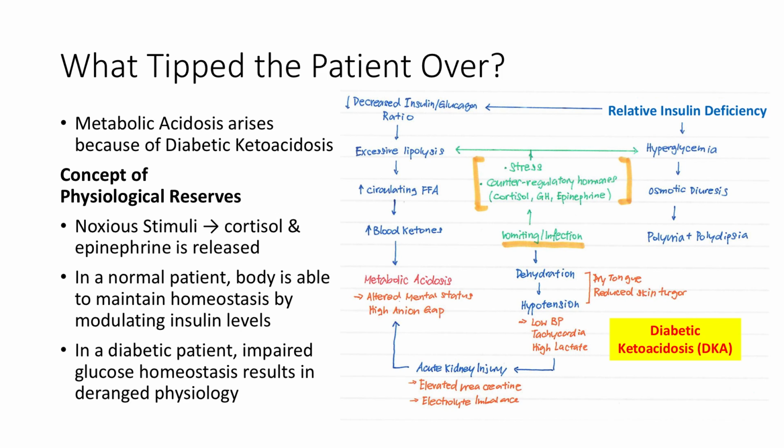So in this patient, he has a very, very decreased insulin glucagon ratio, because number one, he hasn't taken his insulin as a diabetic, and number two, on top of that, he has all of these catabolic hormones that are synonymous to glucagon, that are driving lipolysis, that are driving gluconeogenesis in the body. So all these would stack up on one another to give you your metabolic acidosis and stuff.